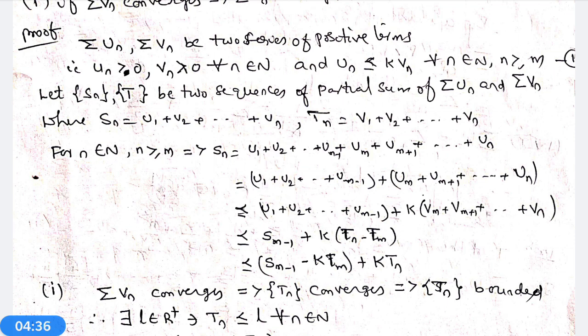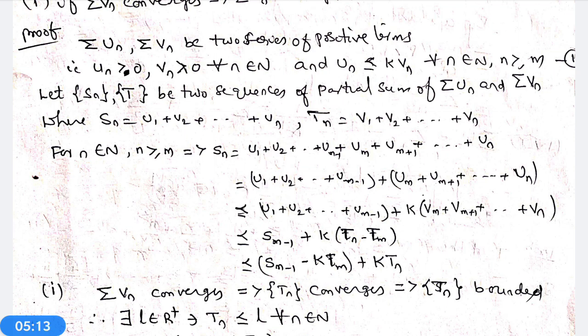That means it must be valid for the terms in the second bracket. Therefore, Sn is less than or equal to, what is u1 plus u2 plus etc. u(m minus 1)? S(m minus 1). Next, k into the sum of v(m plus 1) plus etc. vn is the second sum.